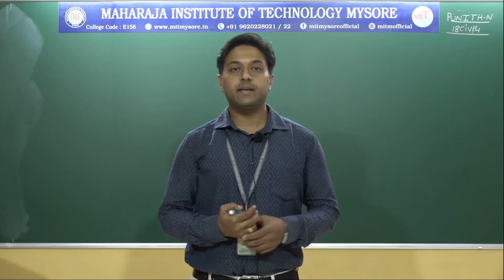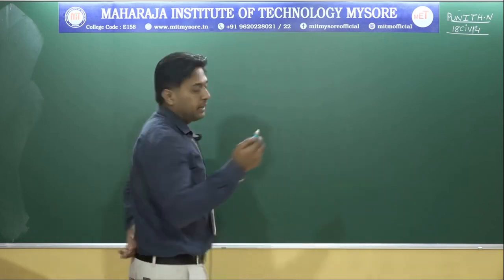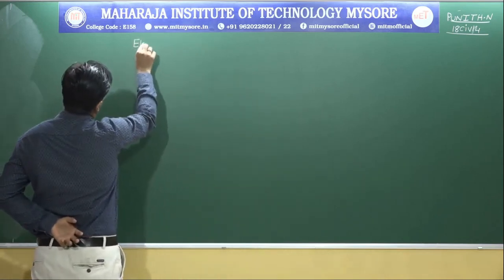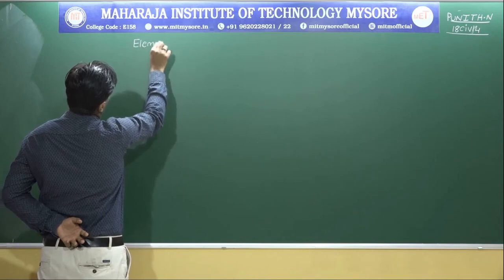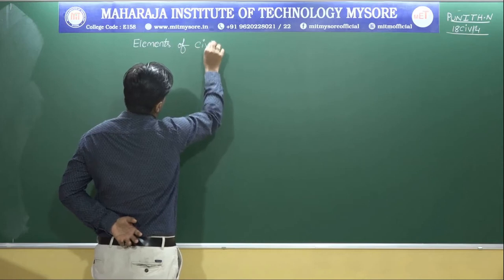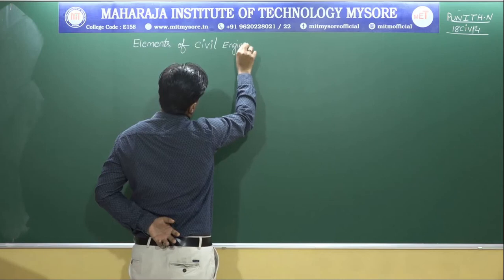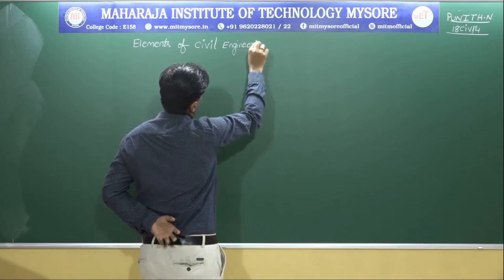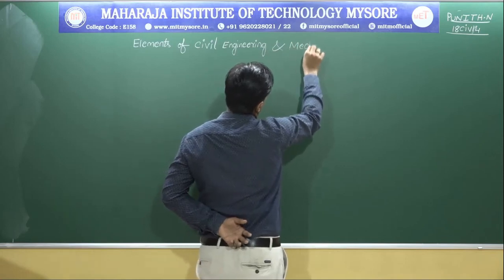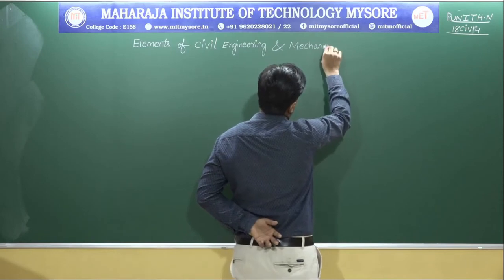So today I will be taking up a topic that is module 3, support reactions. I think you people know I will be taking up elements of civil engineering and mechanics subject.